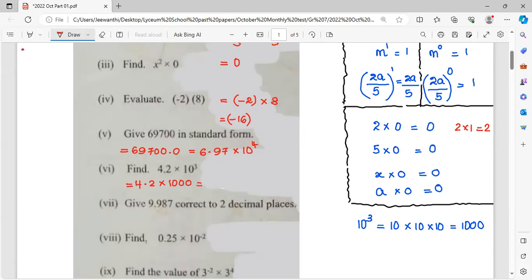When you multiply a decimal number by 1000, what will happen? The decimal man is moving to the right side. Children, hope you can remember I have told you, even though we are referring that the decimal man is moving to the right side and left side, it is not moving anywhere.